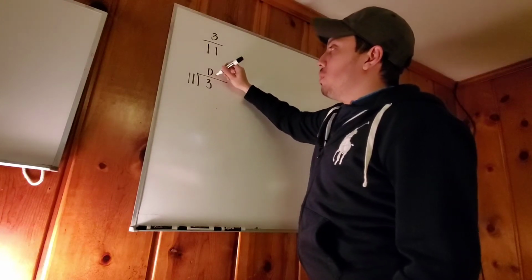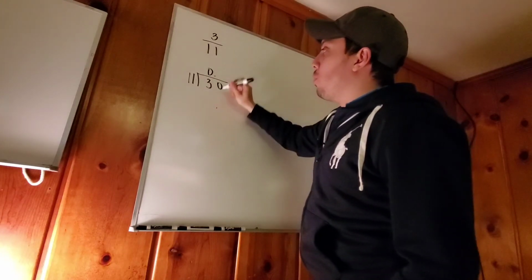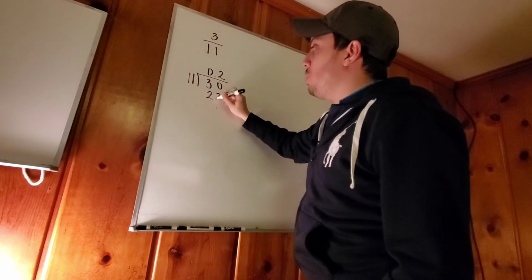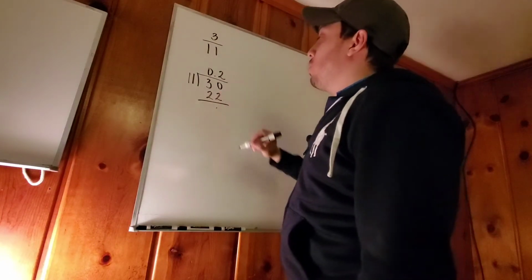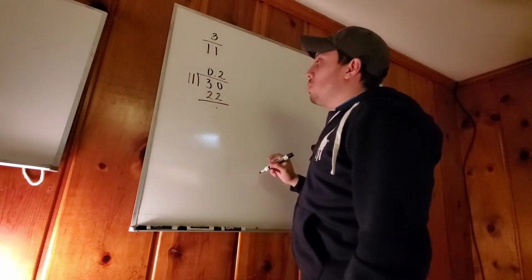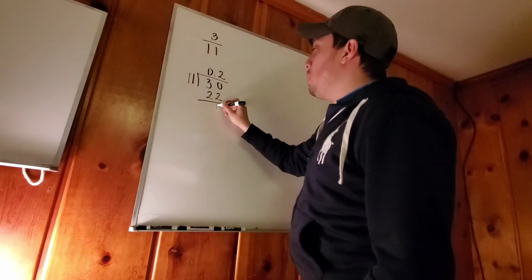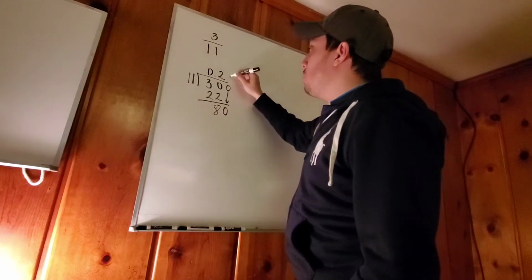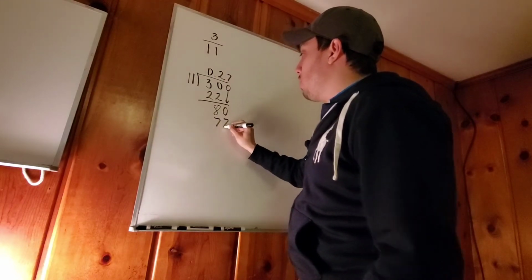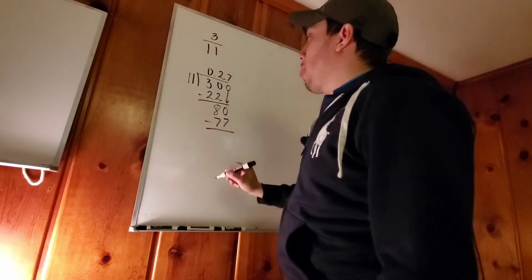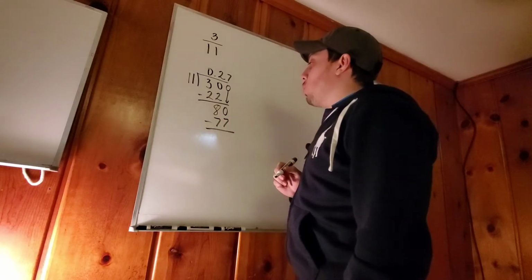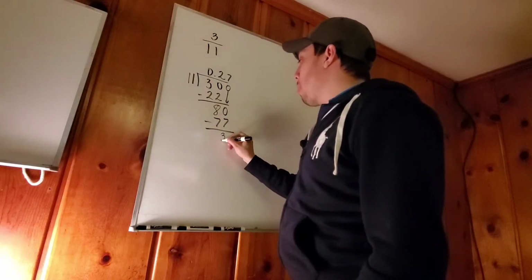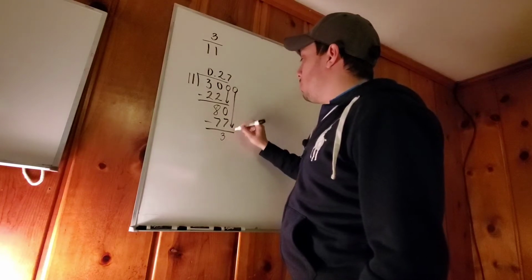Well, 0. So we have to put a decimal, and in 30, it fits 2 times, so it'd be 22, right? And so 30 minus 22 is going to be 8. And a 0 goes down. So it fits 7 times, 77. So 80 minus 77 is going to be 3. And a 0 goes down.